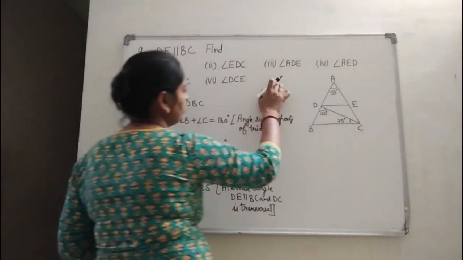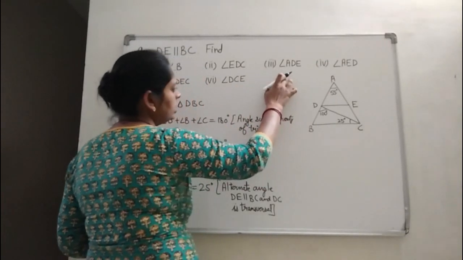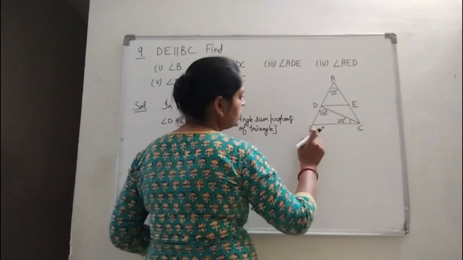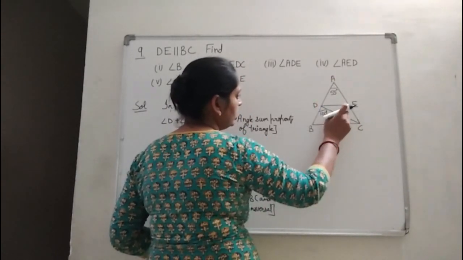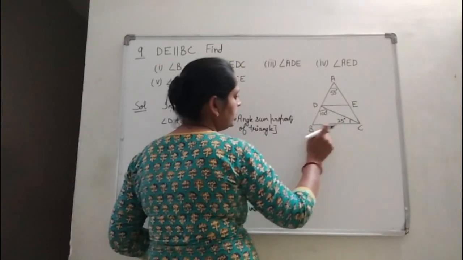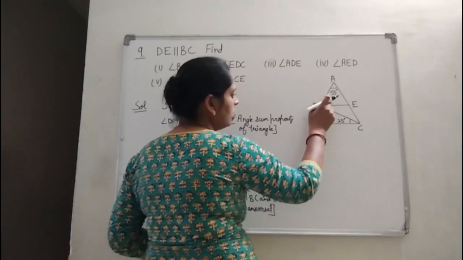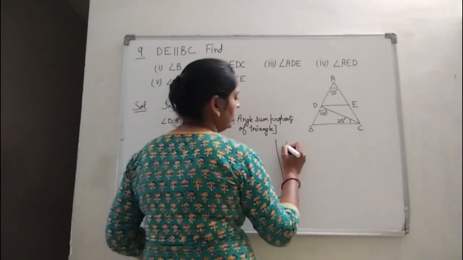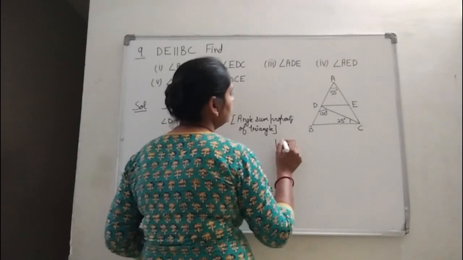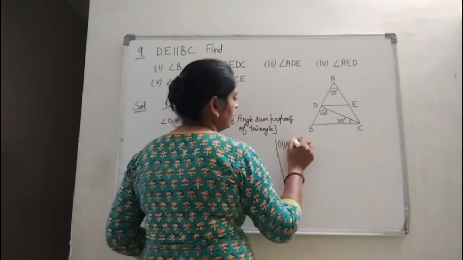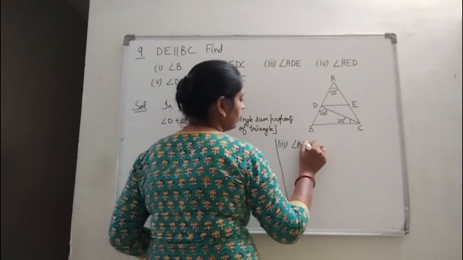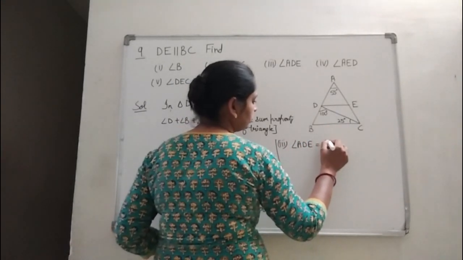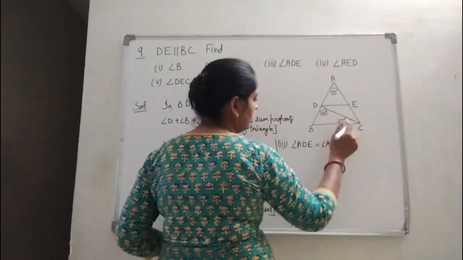Now the third part they are asking is to find the measurement of angle ADE. ADE, this angle. Now see, if DE is parallel to BC, then angle ADE will be equal to angle ABC, because these two will be corresponding angles, right? So from here we can write, angle ADE will be equal to angle ABC.